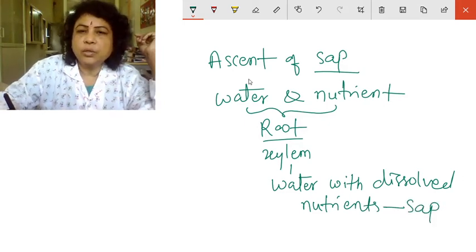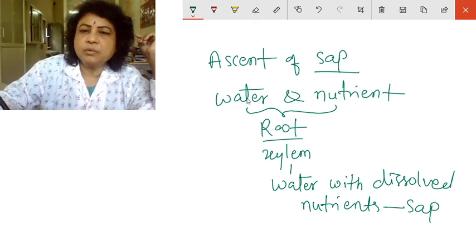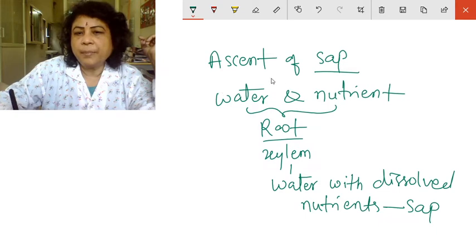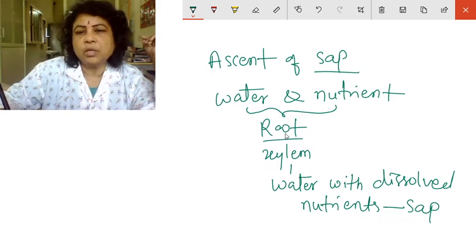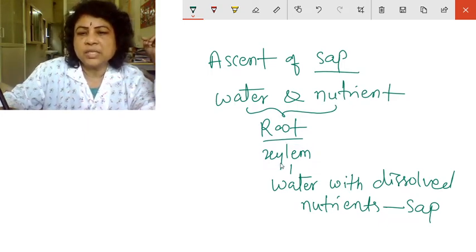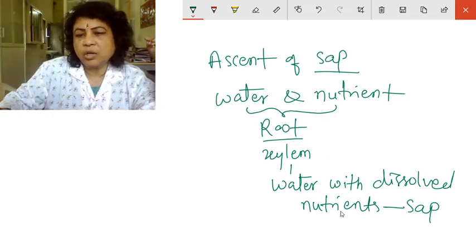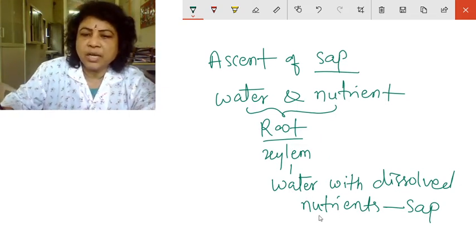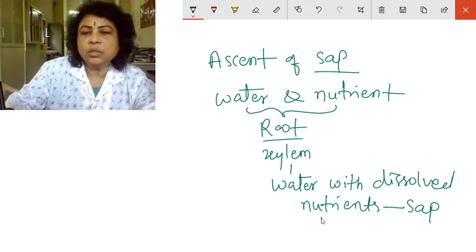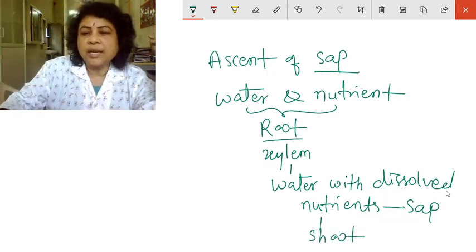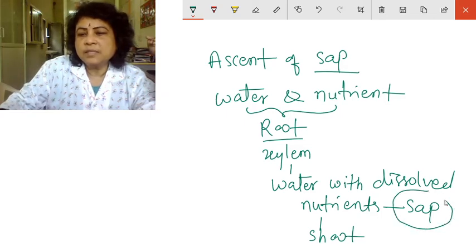So the sap means the water and nutrients which, when we apply water in the soil, get dissolved in the water, and it is translocated through the xylem. The xylem contains water and dissolved nutrients which are translocated from root to the shoot tip, and it is known as the sap.